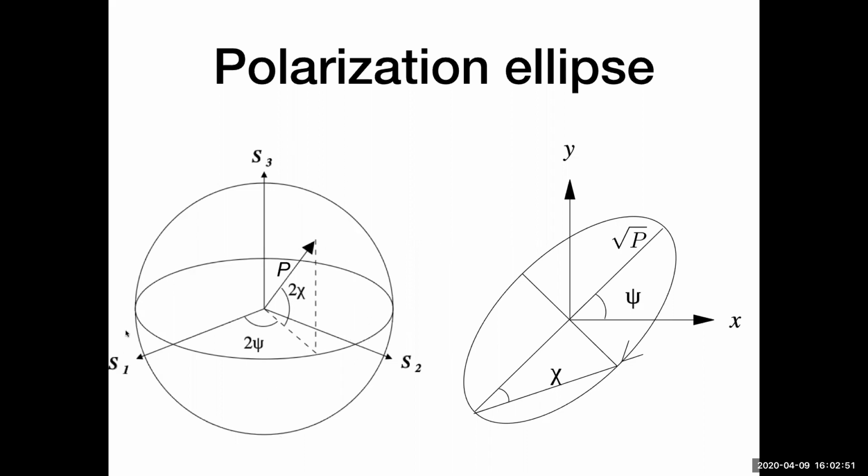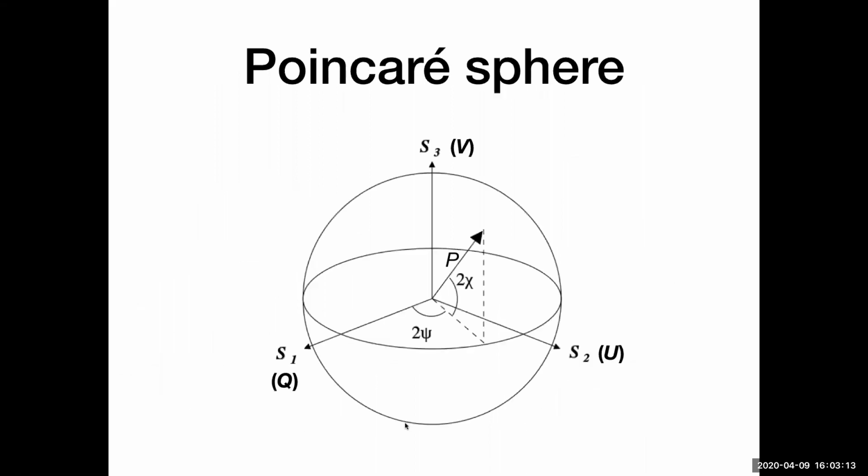The equator is the purely linear states. And everything in between is the sort of arbitrary elliptically polarized states of light. And so we have this nice coordinate system for dealing with our parameter space effectively. And so yes, this is the Poincare sphere. And because we have a spherical coordinate system, you can just define a Cartesian coordinate system in that parameter space as well.